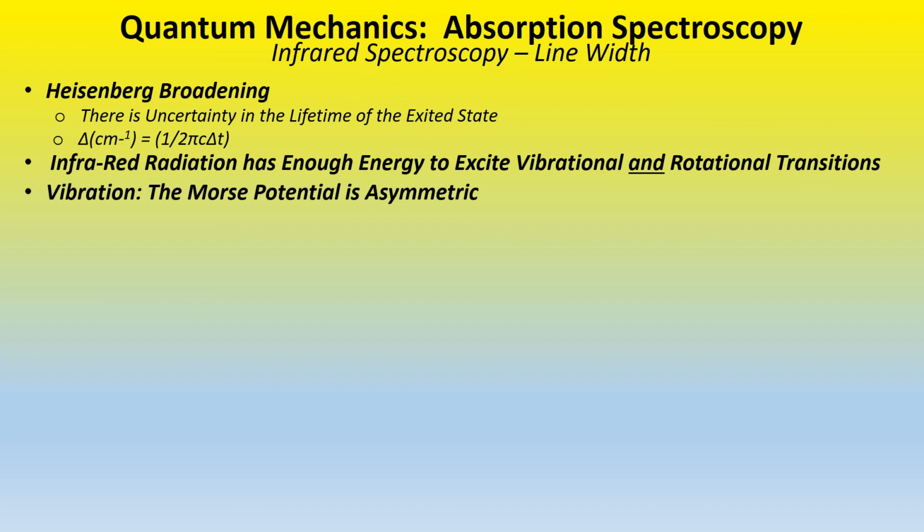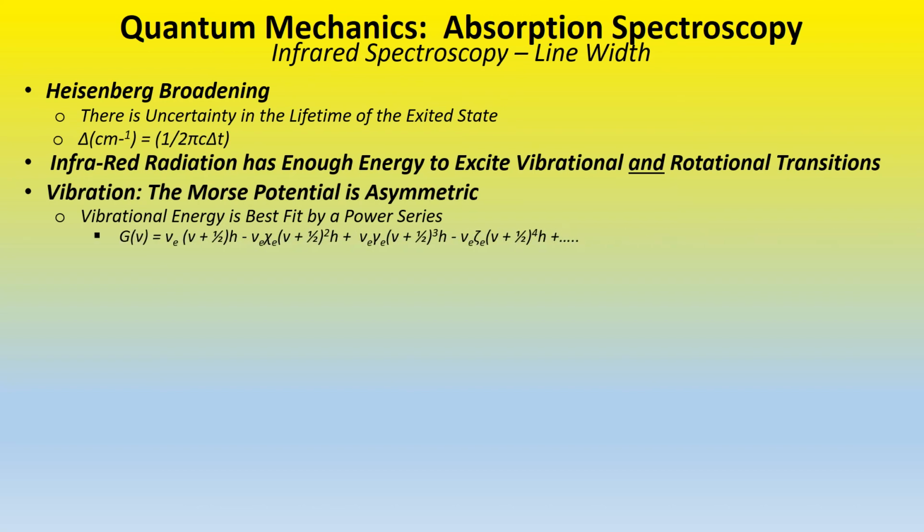Therefore, to form the Morse potential, the vibrational energy is best fit by a power series, where you have (v + 1/2) h nu as your first term, the common quantum mechanical solution, minus nu_e chi_e (v + 1/2)^2 h nu, plus nu_e gamma_e (v + 1/2)^3 h nu, minus nu_e zeta_e (v + 1/2)^4 h nu, plus and minus to a higher power.